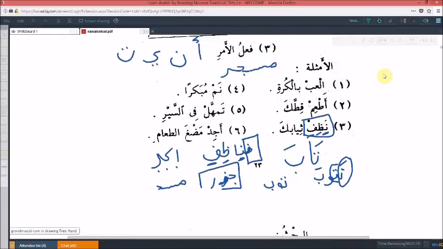This is the word masjid, but the jadr is sin, jim, dal. That's how you look it up, by the jadr, by the root. You look it up under sin, jim, dal. That's the jadr, or the root. So this noon is part of the jadr, and this noon would be the harf al-mudari. Got it?